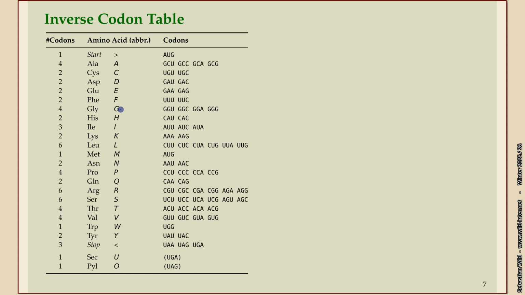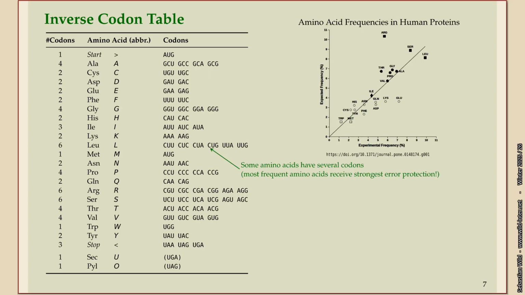Well, for one, the code is a bit generous. We have only around 20 amino acids, but we could code for 4 to the third power, so 64 different ones, right? So there will be some that are not used or some that are kind of duplicate. And the way this happens in nature, which is the cause and which is the result is unclear.